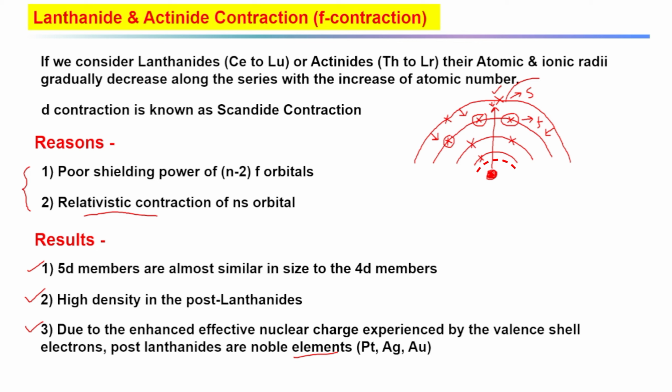So this girl is attracted towards the other electrons, the s and p outermost electrons. Because of that, there is a relativistic contraction in this orbital, and those elements become inert in nature.